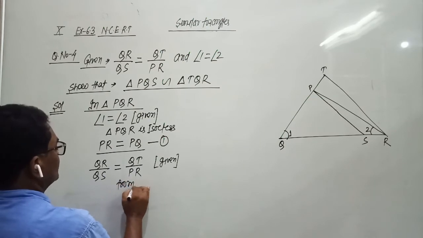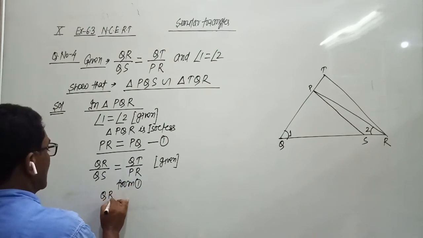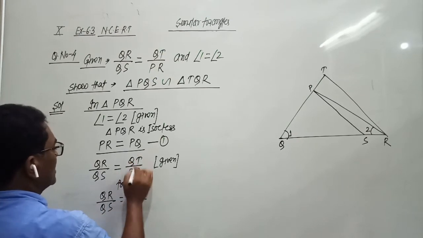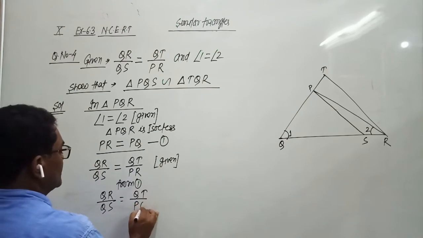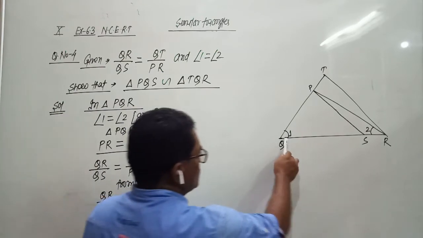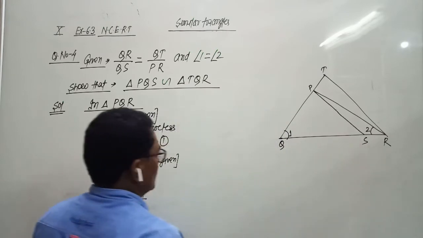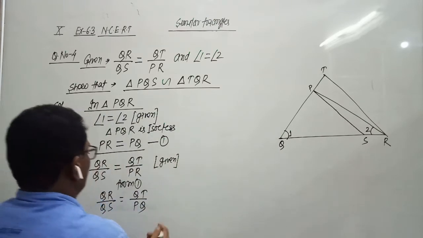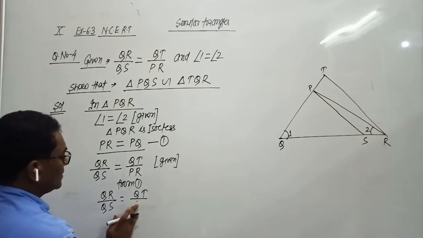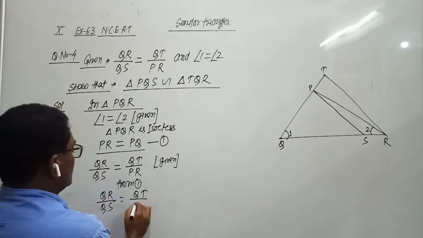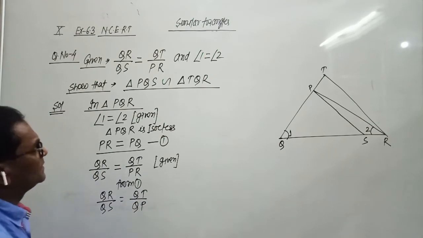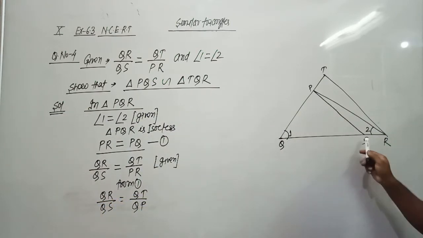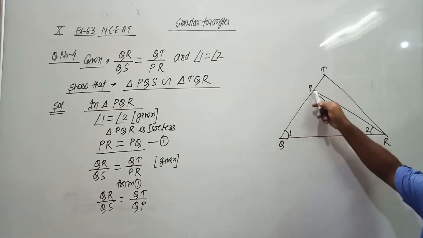So from the first, we can write QR upon QS equals QT upon PQ, or QT upon QP.